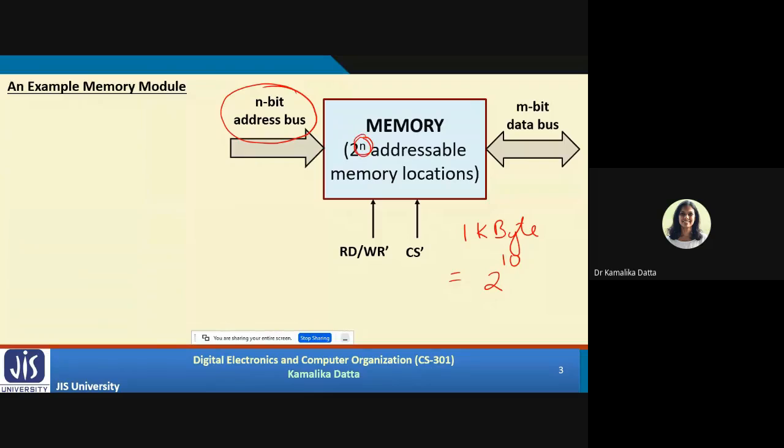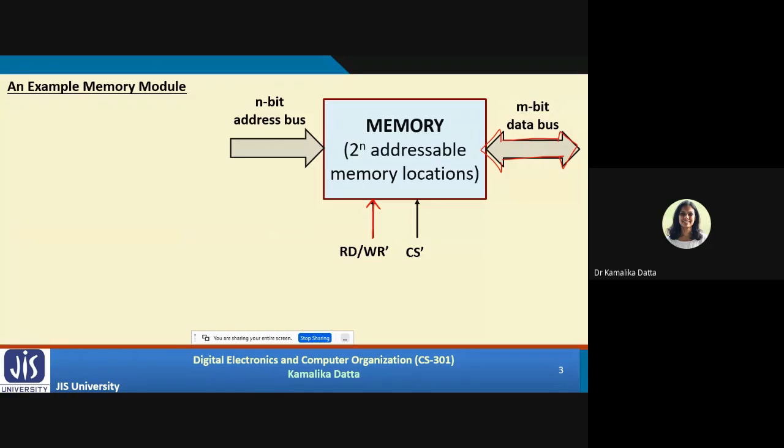So what is n here? n is 10. So you need 10 bits of address bus connected to this module. This is clear to one and all. Apart from this, you also need a read-write signal and of course the data bus.